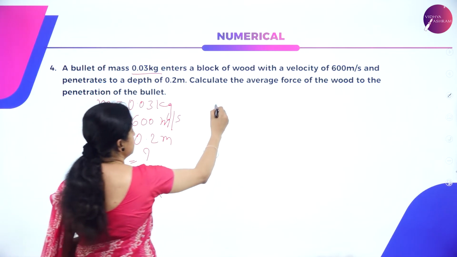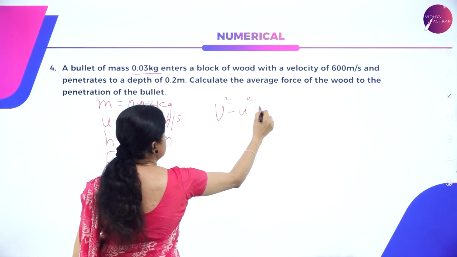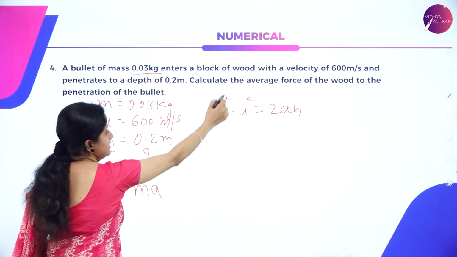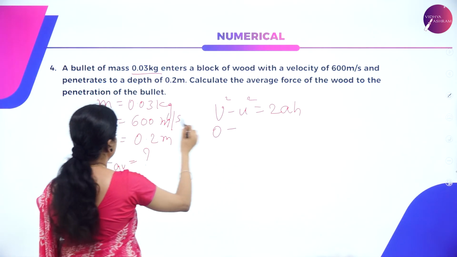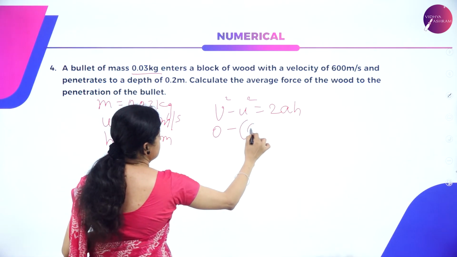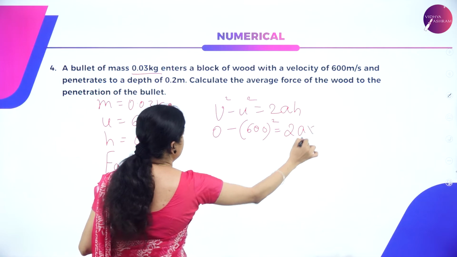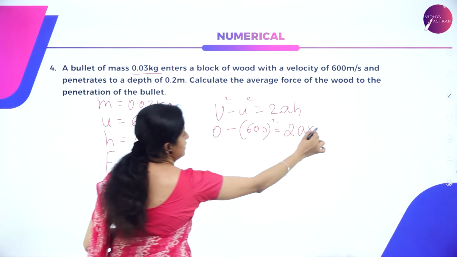That is by the equation v square minus u square is equal to 2ah. The final velocity is not given and hence the value of v is 0, and u square will be minus 600 square, which is equal to 2a into the h value, 0.2.